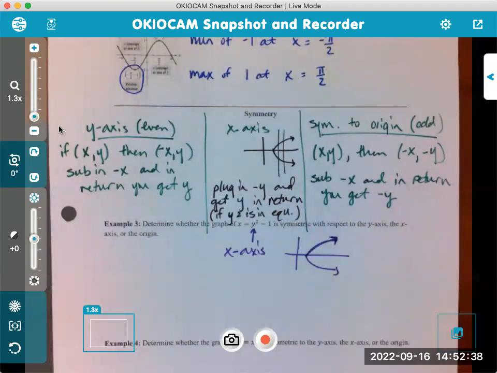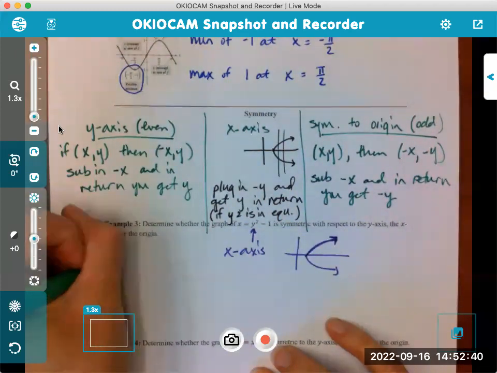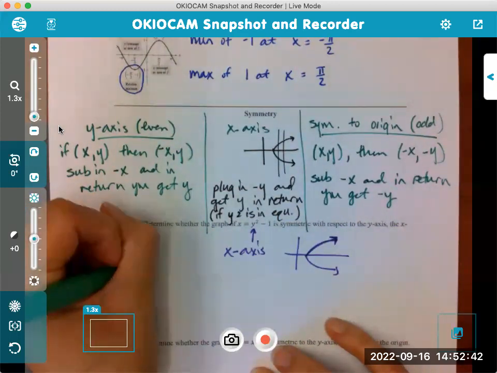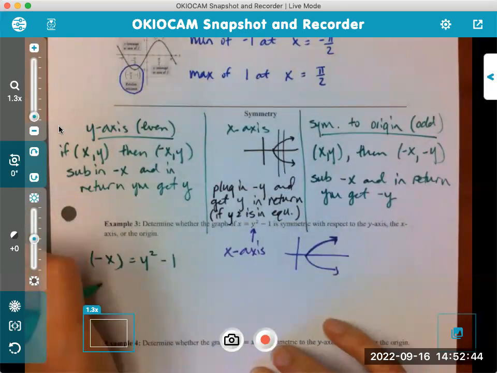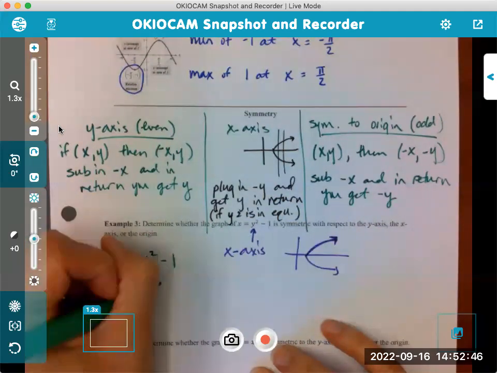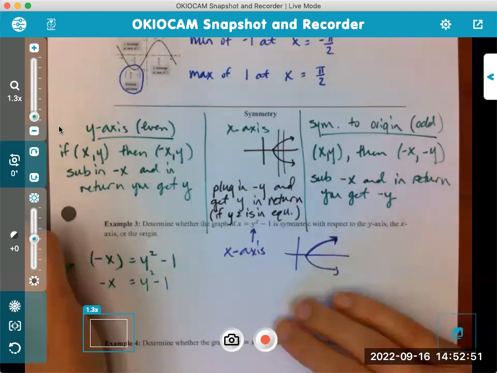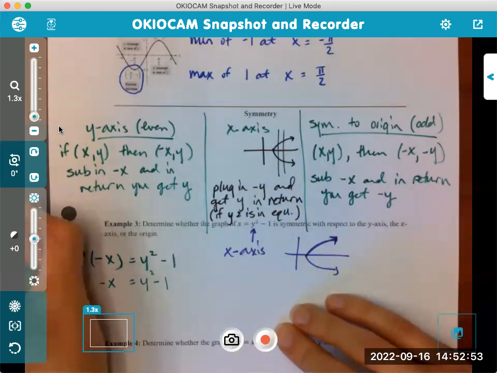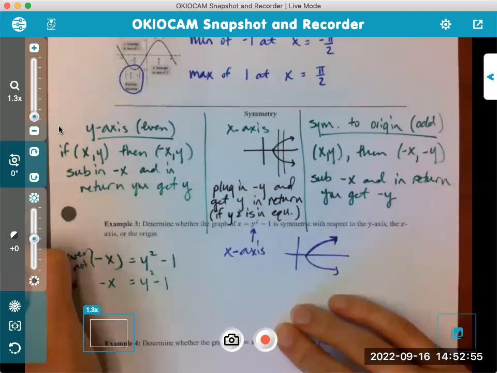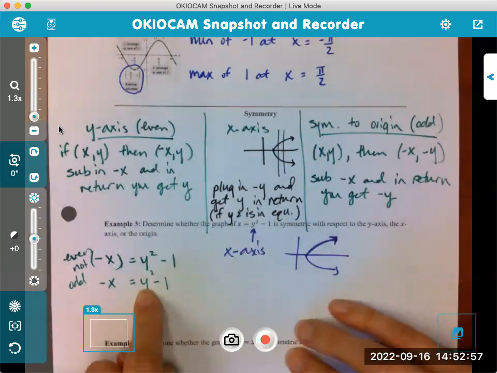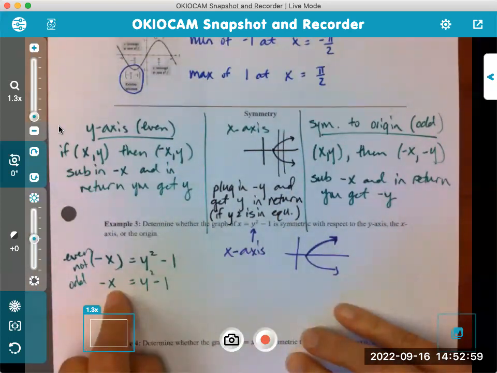But again, if I pop in negative x and see what the output is, that's negative x equals y squared minus 1, which is none of these options above. So it's not even, it's not odd, right? Because I didn't change the y and it wasn't exactly the same thing that I got in return.